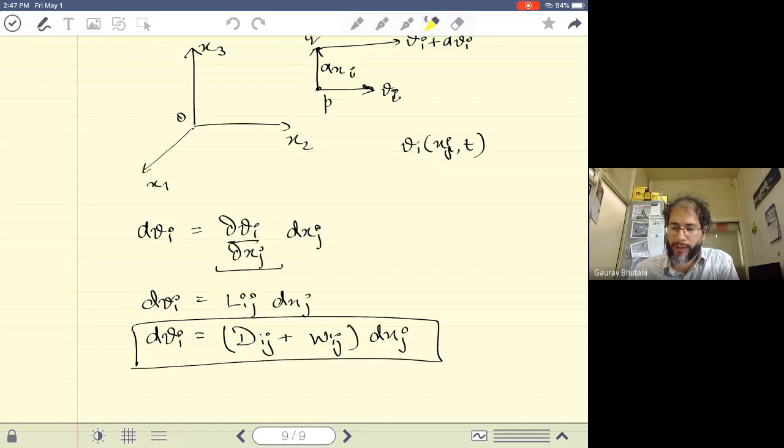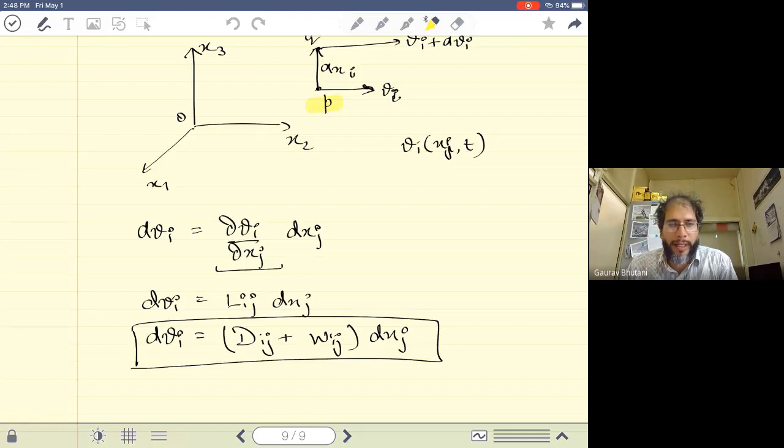So the point of interest here is still this point p, and all the points around p are what we want to understand, and then we would want to generalize the idea using the tensors D and W. So we write dvi, the differential velocity, as a product of L and dx.